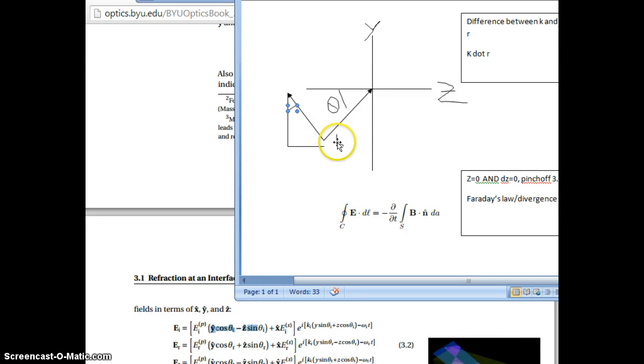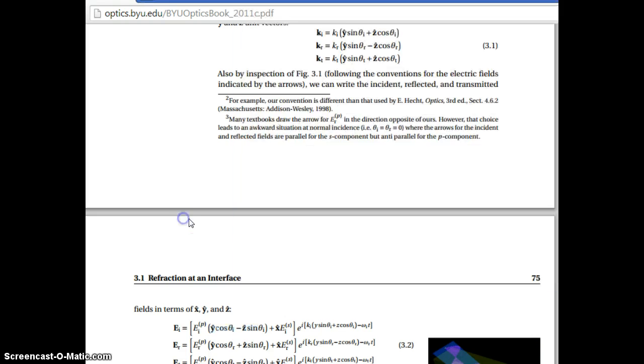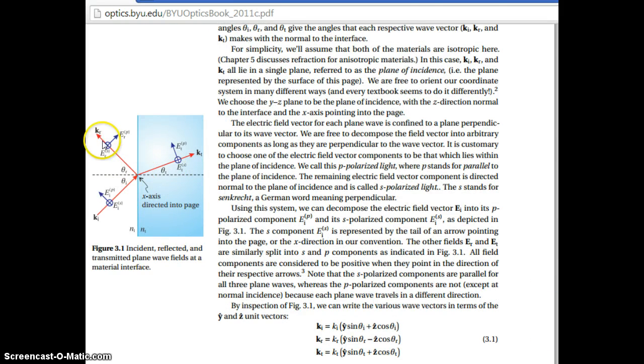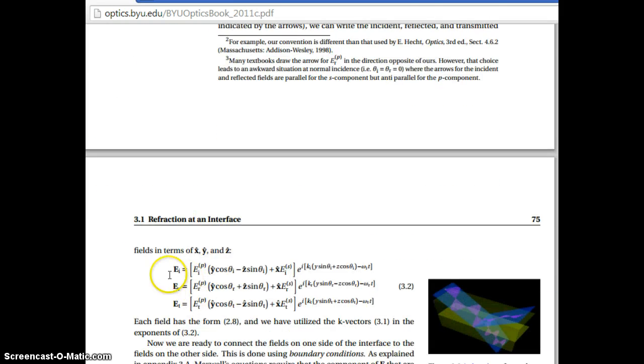First of all, in the z hat direction we're going negative, you can see, so that would be negative sine theta z hat plus cosine theta in the y hat. And that's exactly what we've got, and we can do the exact same thing for each of these other vectors, and that's what they've done to give us these nice equations.